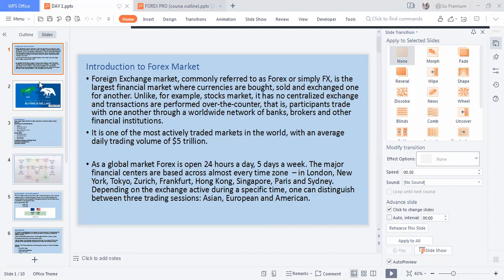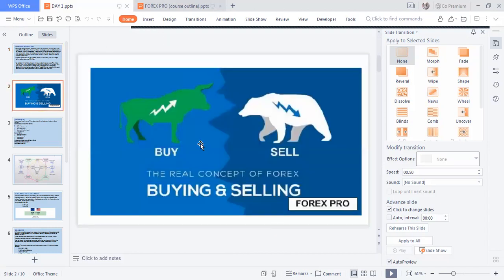Now, people have asked me daily, especially those that called me, what exactly do we do in the Forex market? In the Forex market, we buy and we sell. Are you with me? When we buy in the Forex market, it means that we are going to buy currency pairs.